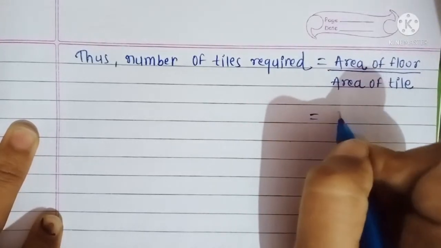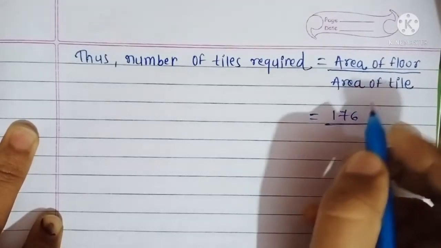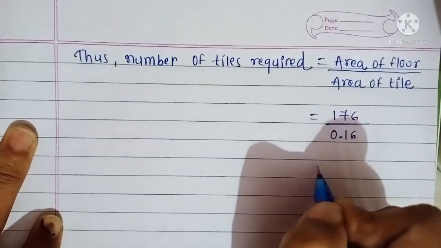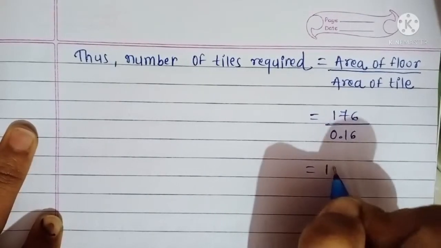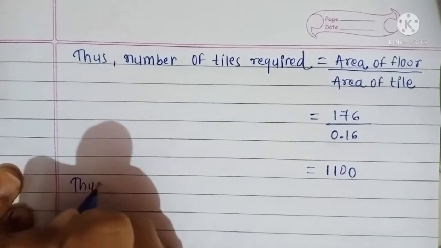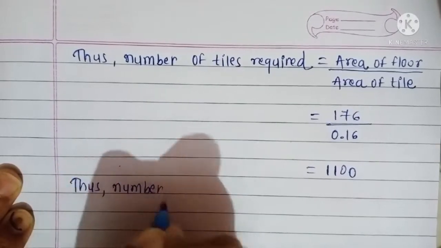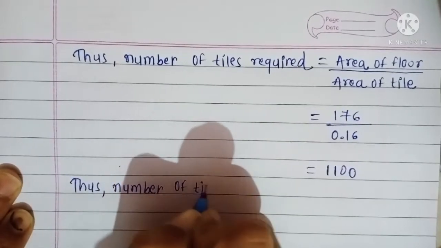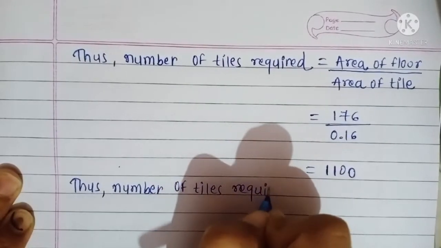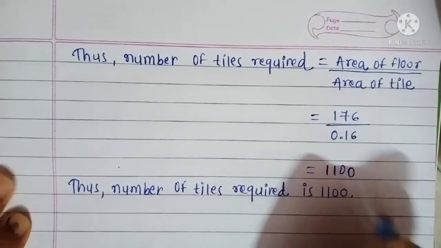Here area of floor is 176 square meter and area of tile is 0.16 square meter. On dividing, we get answer 1100. Thus, number of tiles required is 1100.